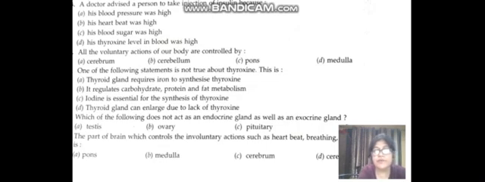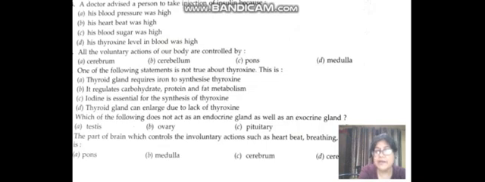Now next question: which one of the following statements is not true about thyroxine? Option 1: the thyroid gland requires iron to synthesize thyroxine. Option 2: it regulates carbohydrate, protein and fat metabolism, that means thyroxine regulates the balance of carbohydrate, protein and fat. Option 3: iodine is essential for the synthesis of thyroxine.